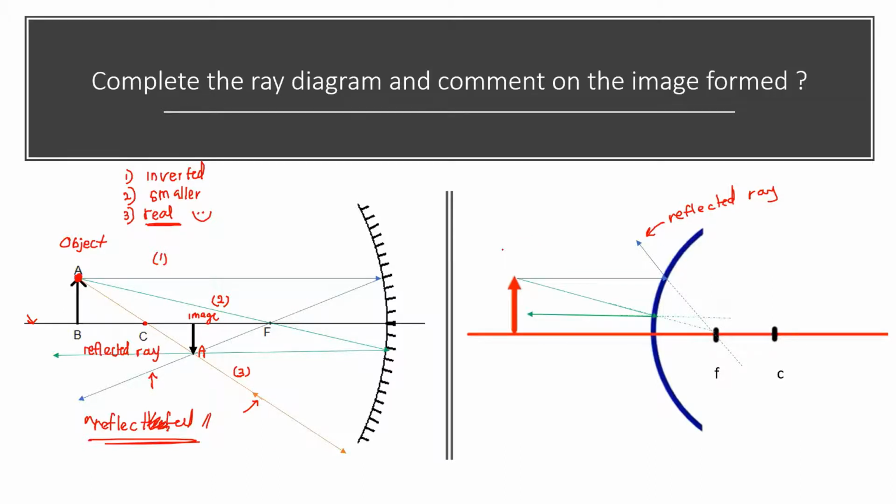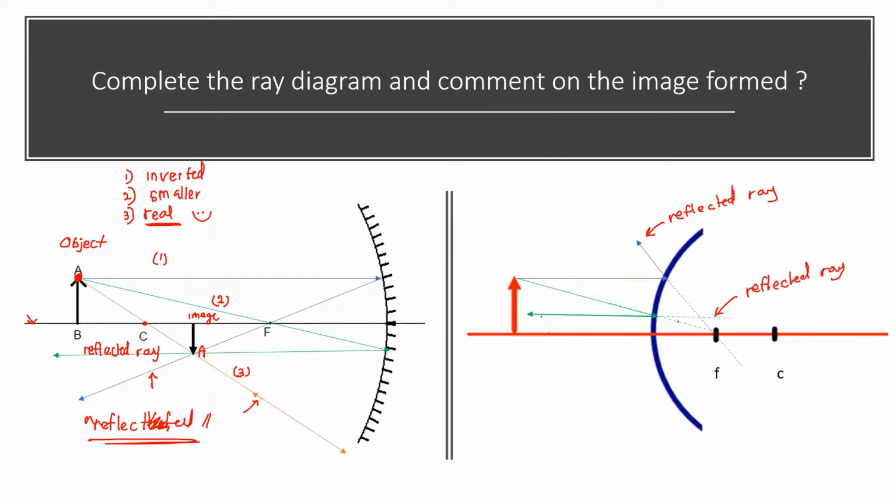Okay. So my second line, something which goes through the focal point will be parallel to the principal axis. This is parallel to this line. So if I extend my reflected ray, this is my extended reflected ray.